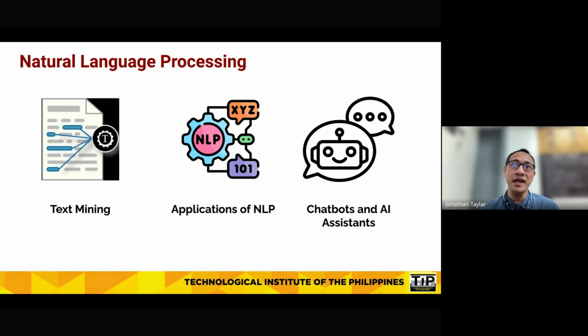These chatbots and AI assistants understand user queries. They also extract relevant information, and they generate appropriate responses in natural language. They are used in various domains, including customer service, e-commerce, healthcare, and education. And they provide personalized assistance and automate routine tasks. There are also some advanced chatbots.